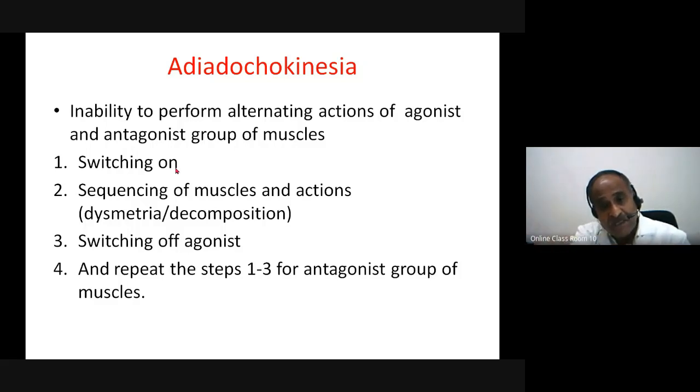And such a repetition will not happen. And this is the adiadochokinesia or dysdiadochokinesia. That is alternating actions he cannot perform.